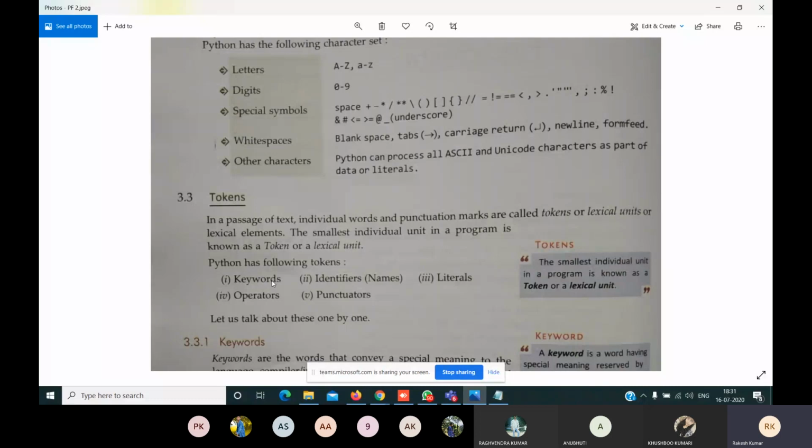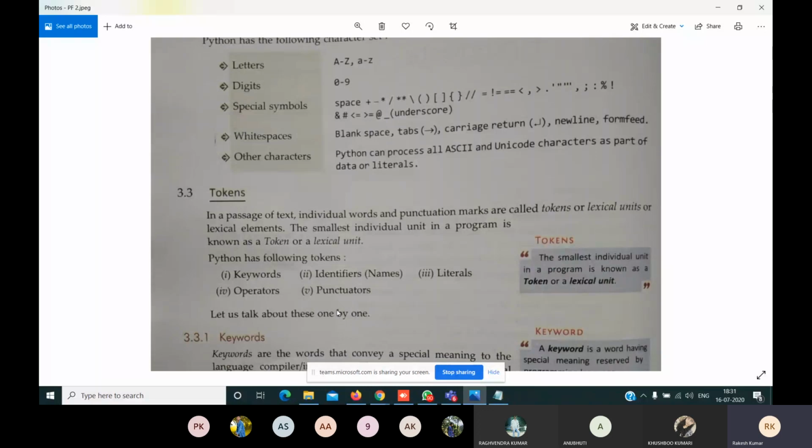There are 5 types: keywords, identifiers, literals, operators, and punctuators. Some words may be known as keywords, identifiers, or literals. Everything written in a program is identified by these tokens.